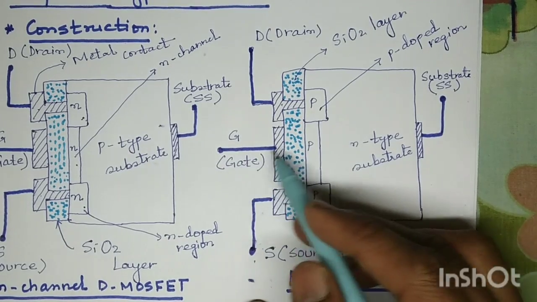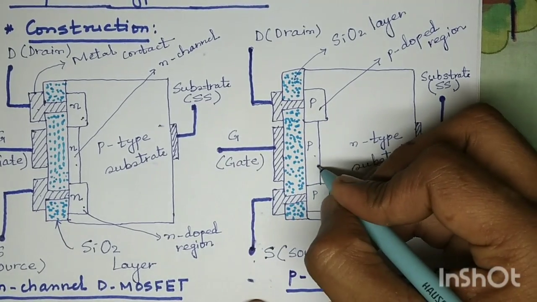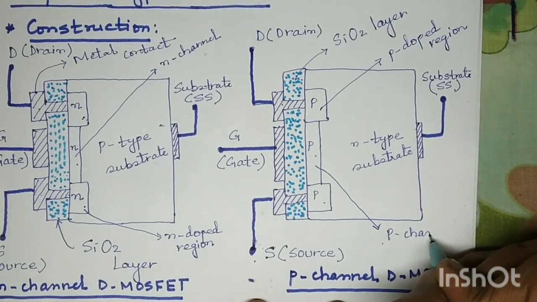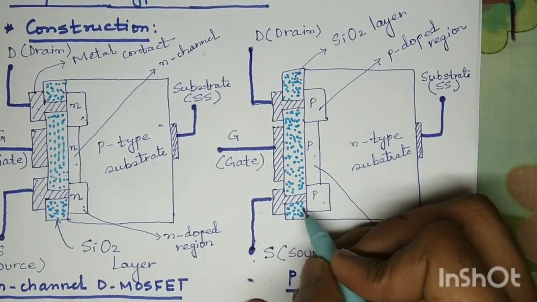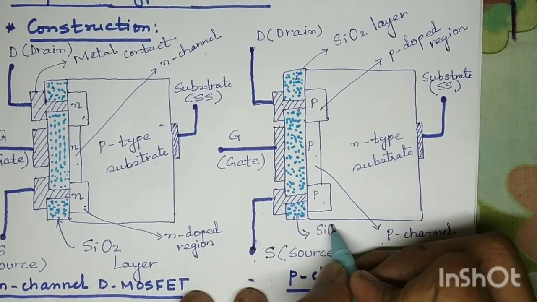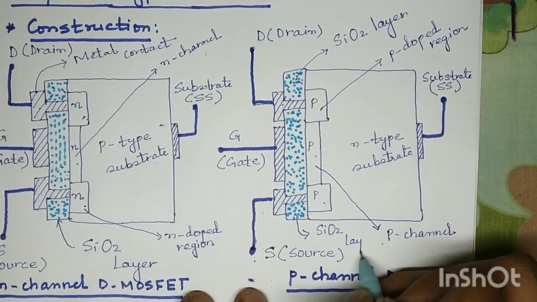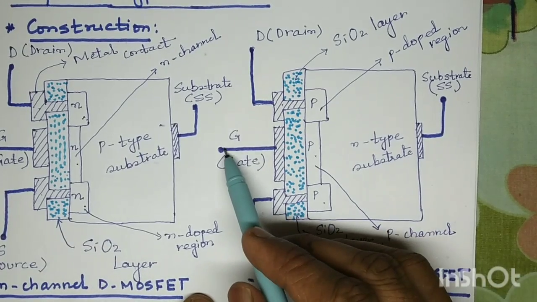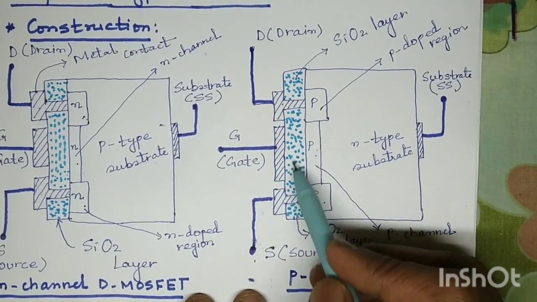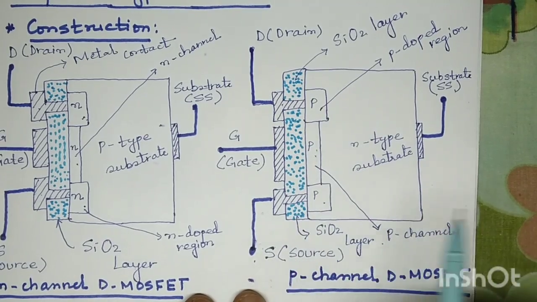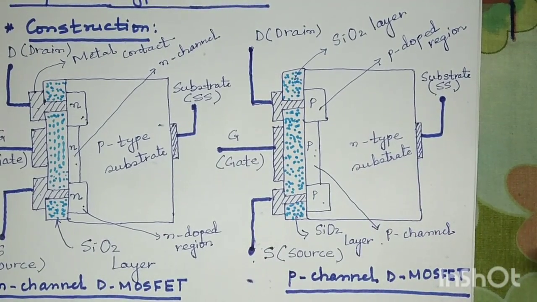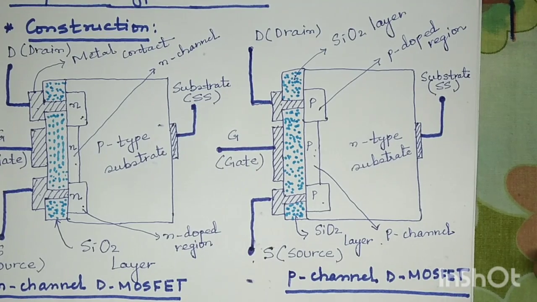This is the gate terminal, and this is the p-channel. And this dotted portion, as I have already mentioned, is the SiO2 layer. So the gate terminal remains insulated from this p-channel due to the presence of the insulating layer of SiO2. Alright, so this covers the construction of depletion type MOSFET.